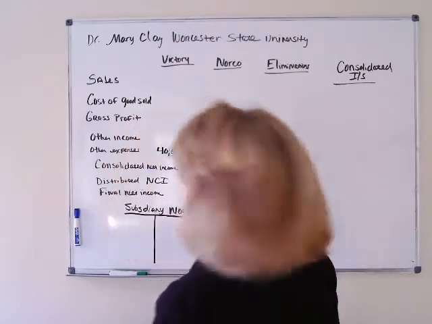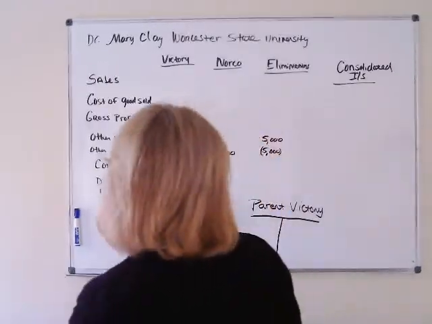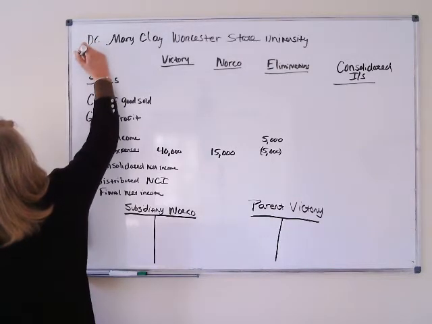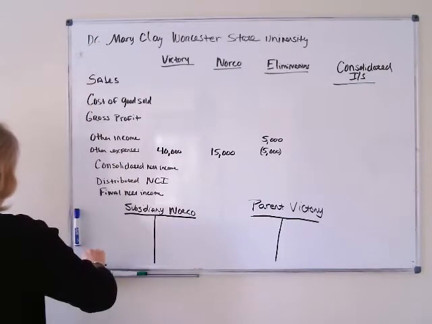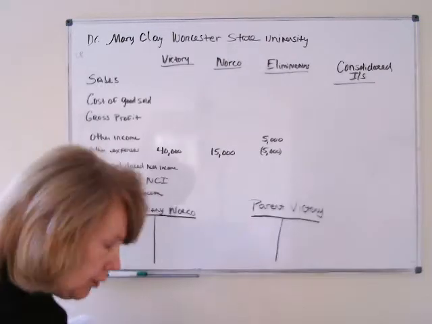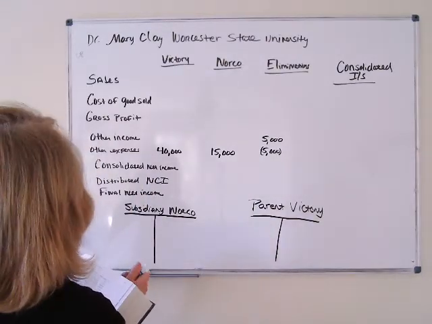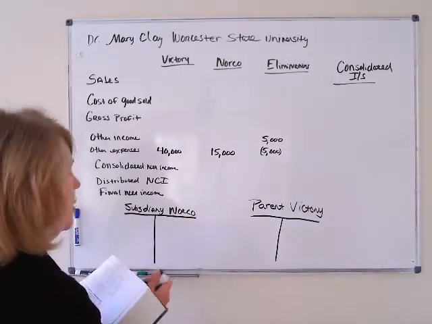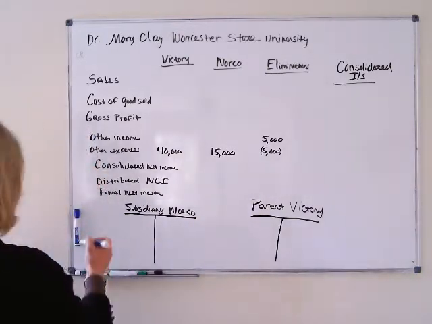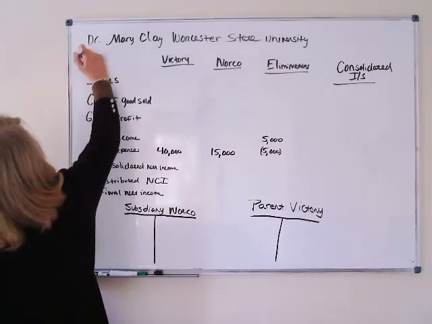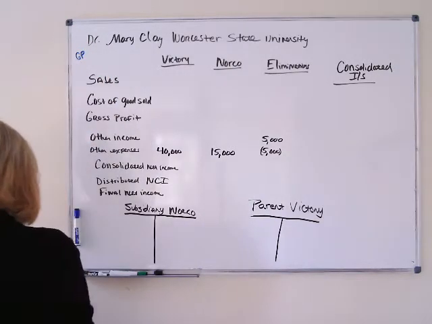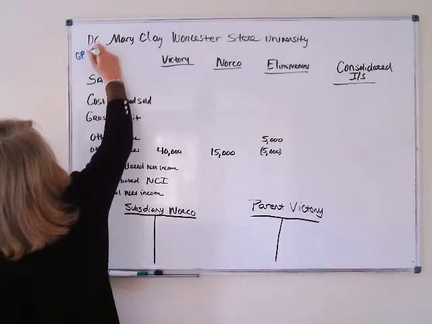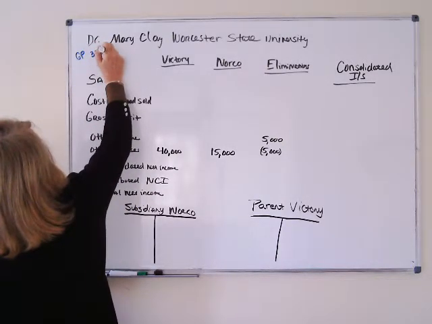You can see I already started this problem on the board, so let me write it over here, in a different color so it really sticks out. The gross profit for Norge Company, this subsidiary, because they're the selling company, is $37,500.